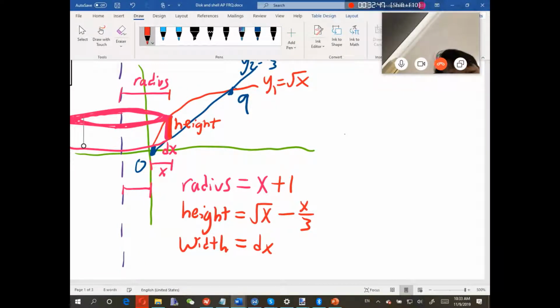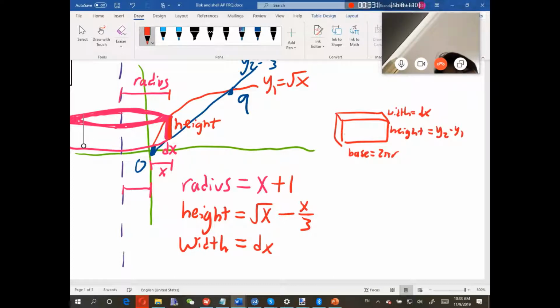Okay, so once again, after I unfurl this cylinder, this base would be equal to 2 pi r. This width would be equal to dx, and this height would be equal to the difference in our y values, y2 minus y1.